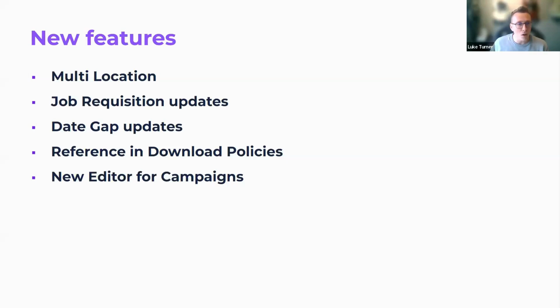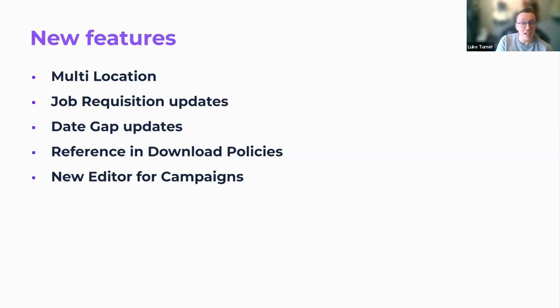Now, in terms of some of the new features that we'll be running through today, there is the multi-location feature, allowing you to publish more than one location along with your jobs. There are some updates to job requisitions and some of the field visibilities there. We have a new layout for the data gap to be updating you with as part of the application process.